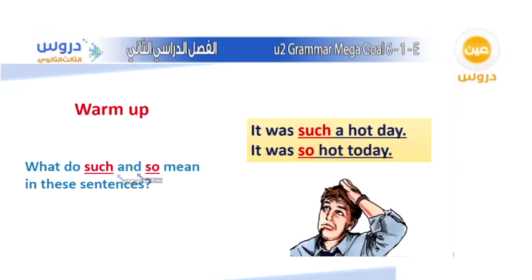What do such and so mean in these sentences? We have two sentences. The first sentence is, it was such a hot day. The second sentence, it was so hot today. What's the meaning of such and so here?